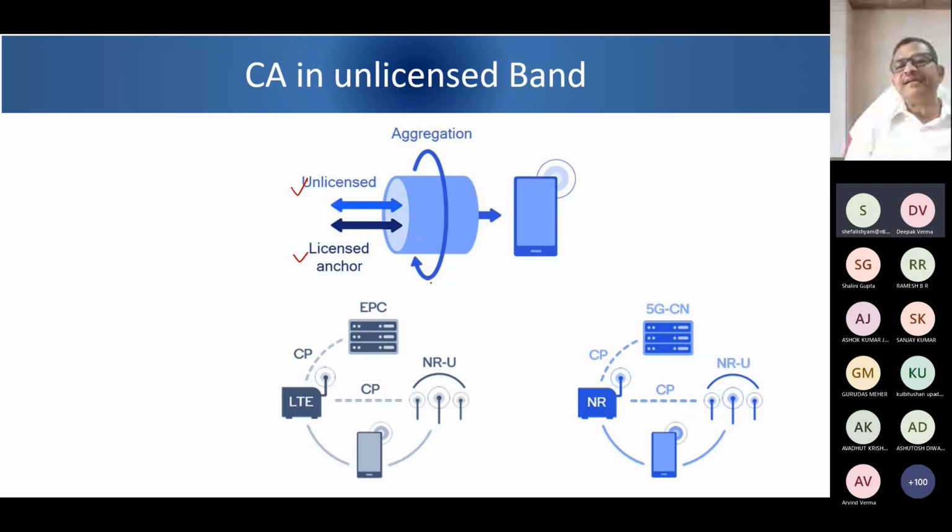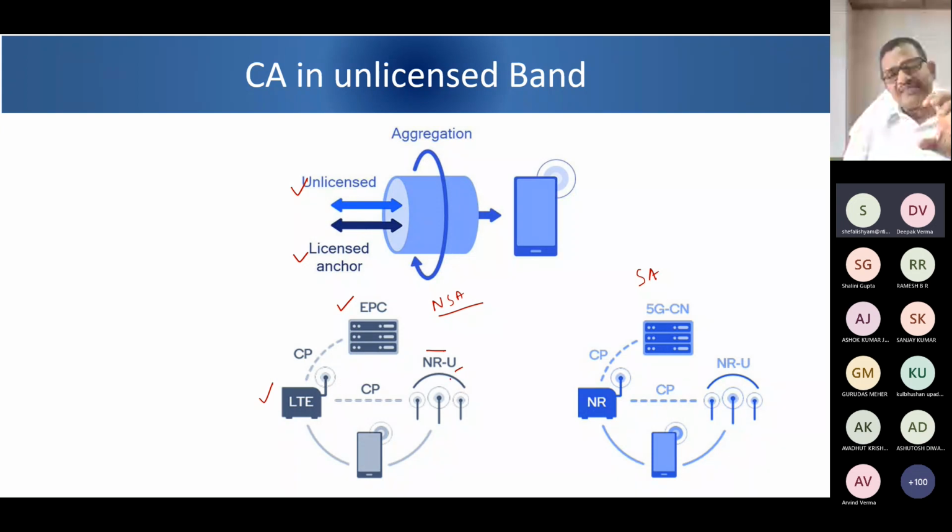So now there are two concepts, NSA mode and SA mode. Let us take an example of NSA mode where I have EPC, that is the 4G core, evolved packet core. I have 4G BTS, that is called LTE. And then I have new radio, that is 5G. And U means operating in unlicensed band.